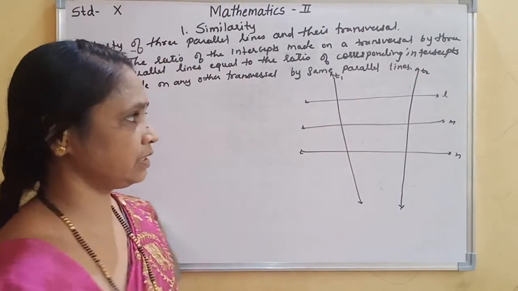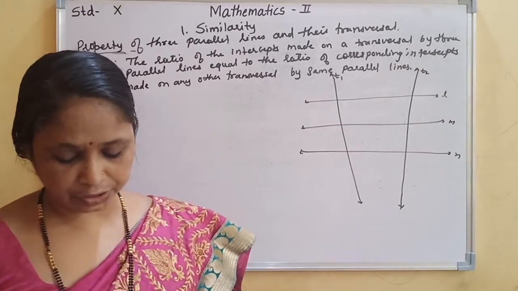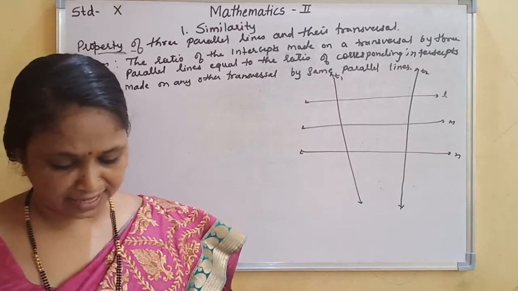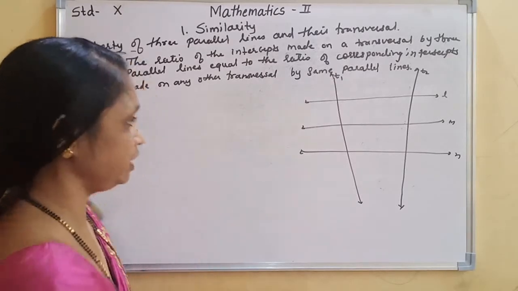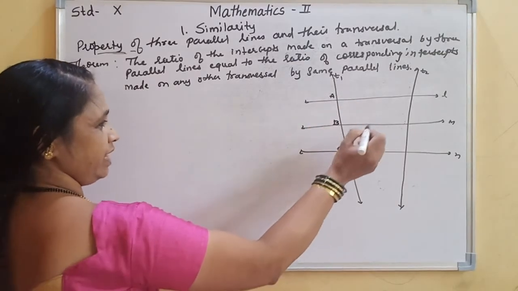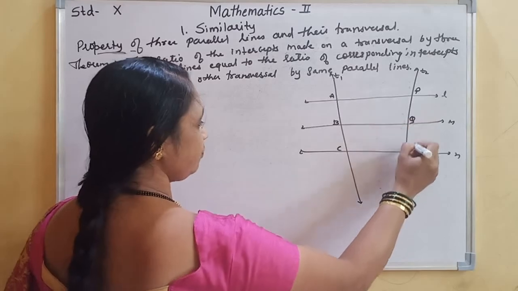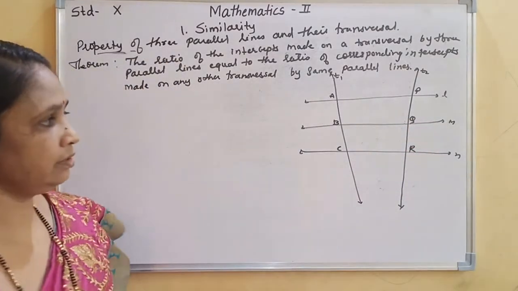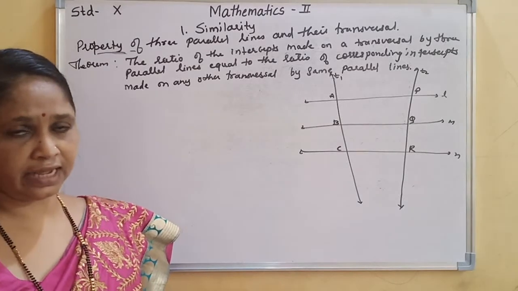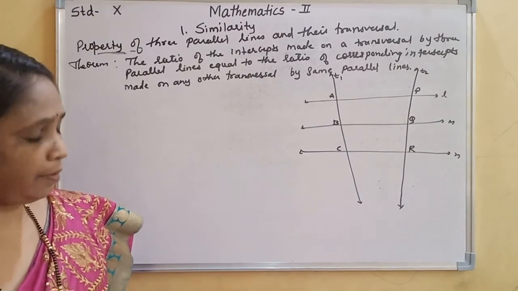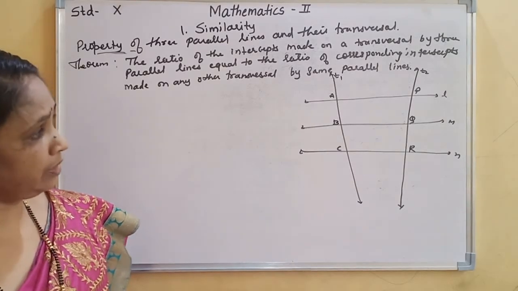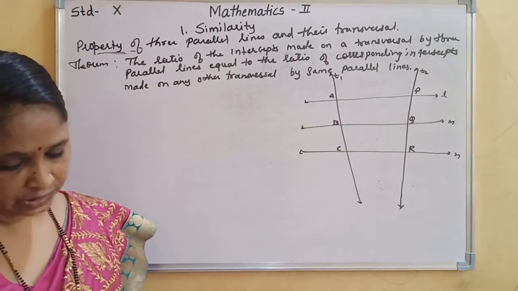These two transversals we have drawn. They intersect the lines at points A, B, C and here we name P, Q, R. Write that lines L, M, N are parallel lines and T1 and T2 are transversals.